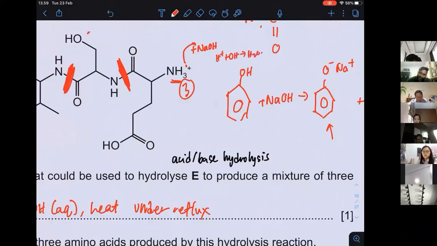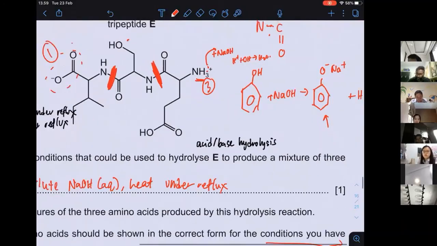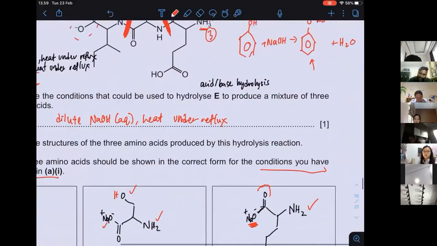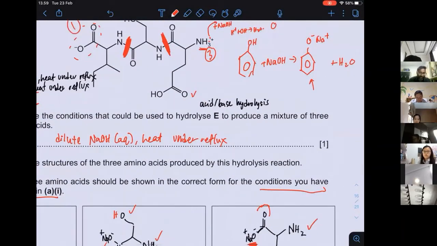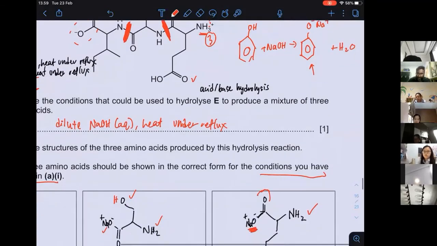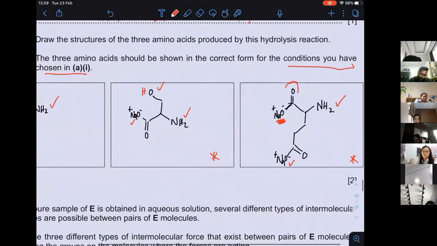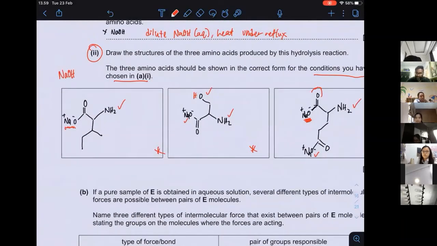So it means that the NH3 plus will become NH2. That's why I put NH2. And here, similar, when you have carboxylic acid, they do react with sodium hydroxide, so I'm going to get this. Please take note of all these products when you do the hydrolysis reaction.